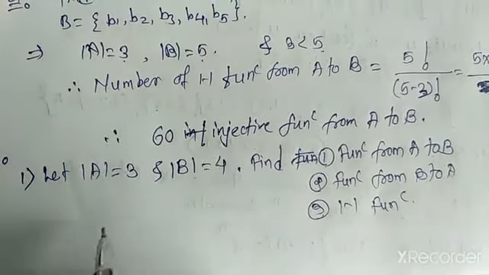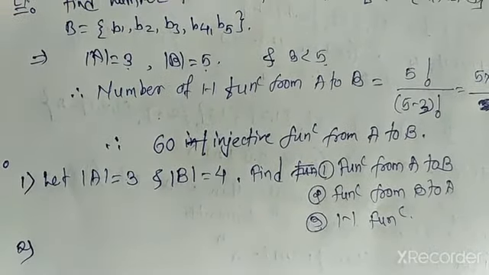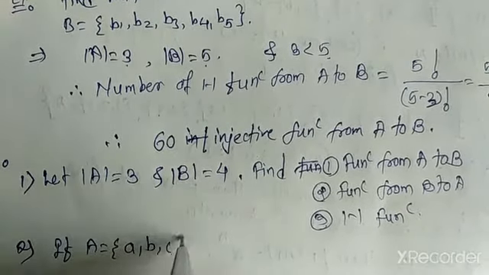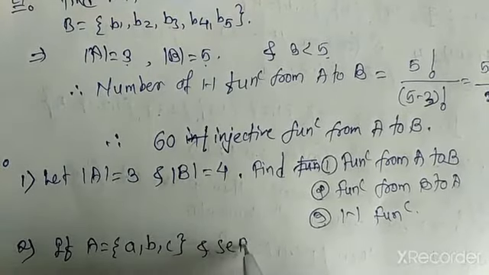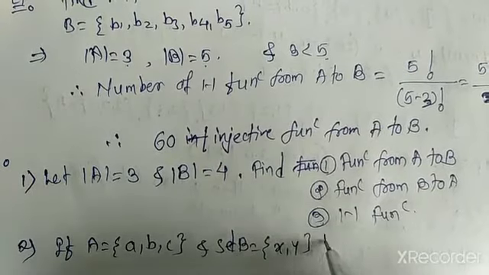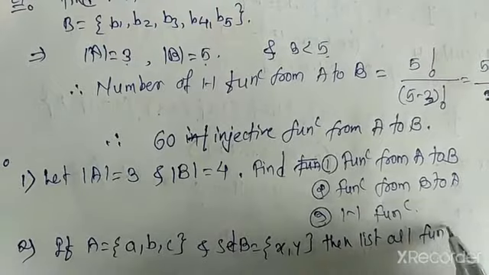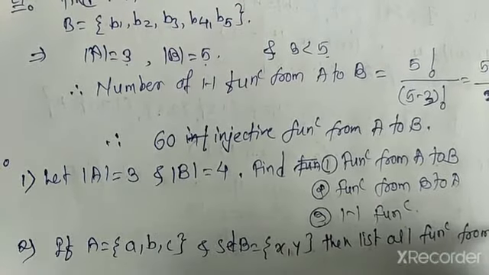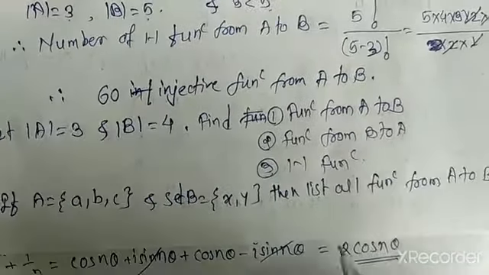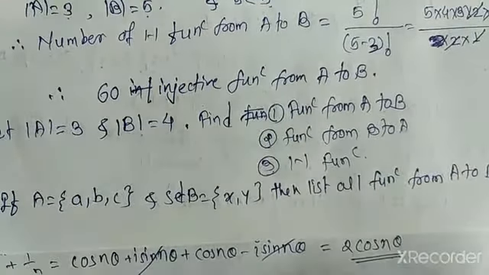And for the next example, second, if A is equal to {a, b, c} and set B is equal to {x, y}, then list all functions from A to B. You have to write how many functions there are, and after that you have to write all those functions.